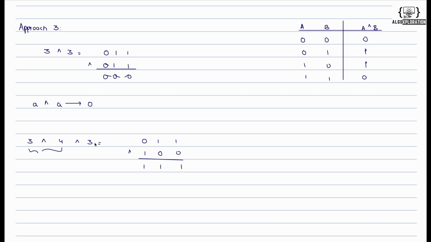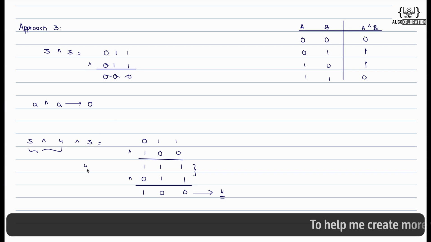Now the 3 is remaining, so 0 1 1, and I do the XOR again of these two, which will be 1 0 0. The decimal representation of 100 is 4. So if I do the XOR of 3, 4 and 3, the answer will be 4.